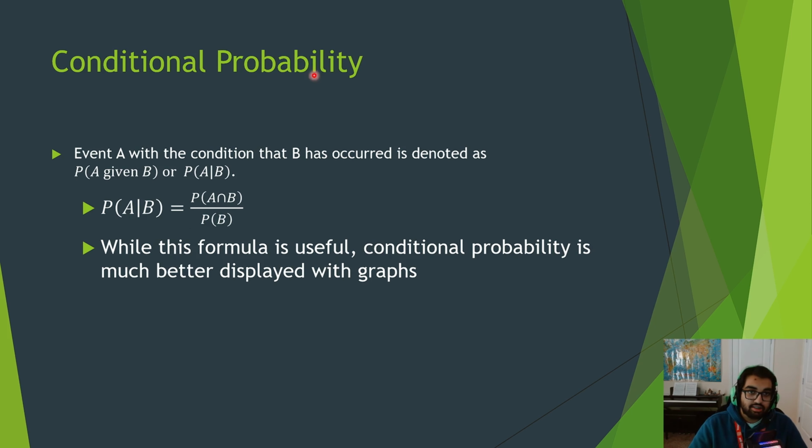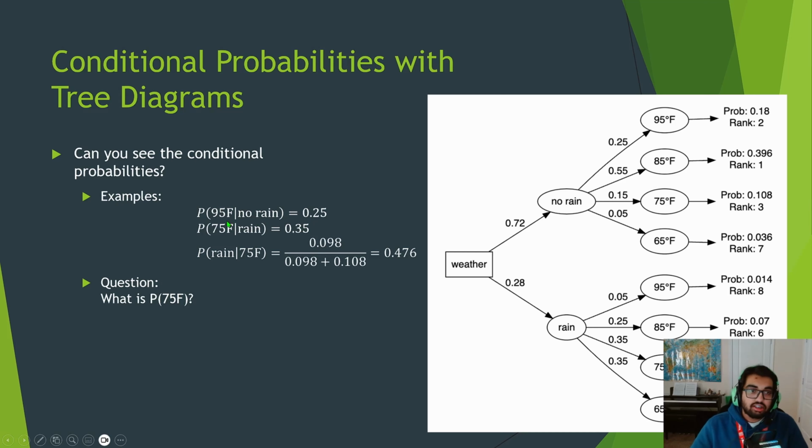Let's talk about the formula for this real quick. This isn't really that useful a formula because it's way easier to see what I mean when I do this on a two-way table. But this is the probability of A and B divided by the probability of B. That's going to give you the probability of A given B. So the probability that it's 95 degrees outside, given that it's not raining, is 0.25.